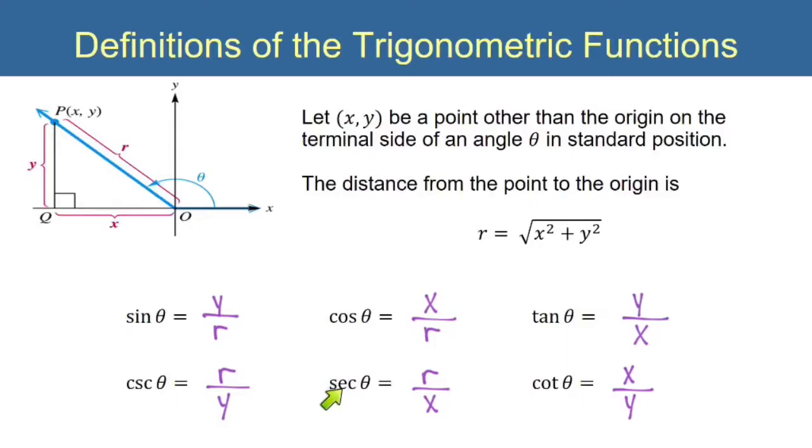Cosine and secant are reciprocals of each other. Tangent and cotangent are reciprocals of each other. Notice that the functions and their cofunctions are not reciprocals. There is a relationship there, but it's not a reciprocal relationship. For reciprocals, we have matched up sine and cosecant, cosine and secant, and tangent and cotangent.